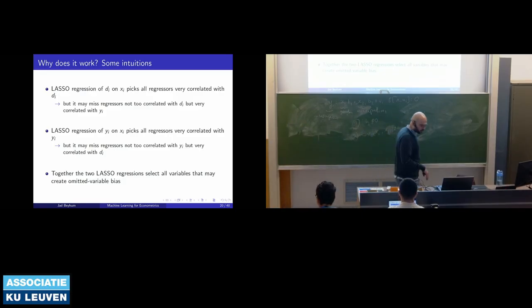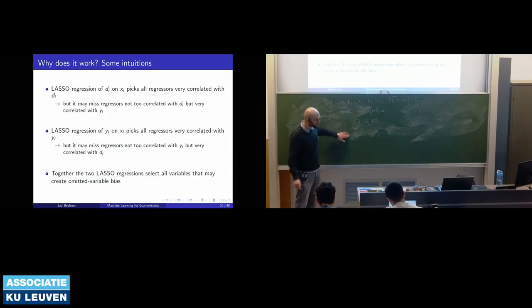Just before the break, we saw double selection. Essentially, what we have seen is that lasso itself is not asymptotically normal. That's because of this omitted variable bias: it's forgetting variables which are not very correlated with yi, but very correlated with di, and they create a lot of omitted variable bias.